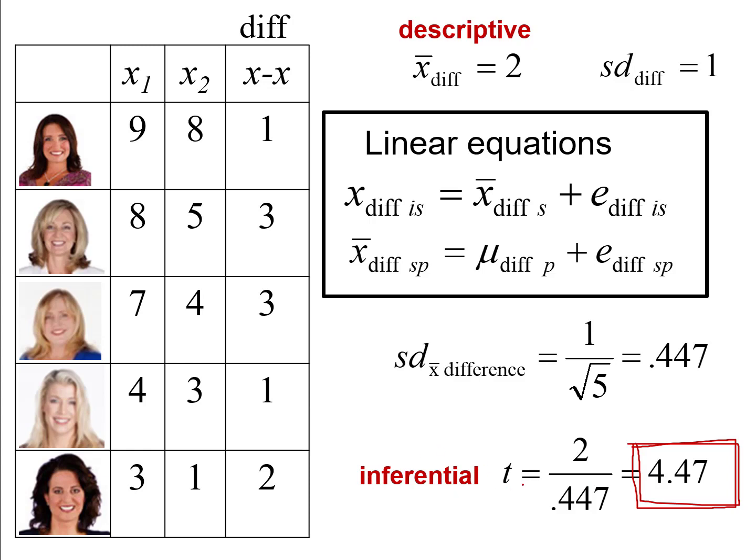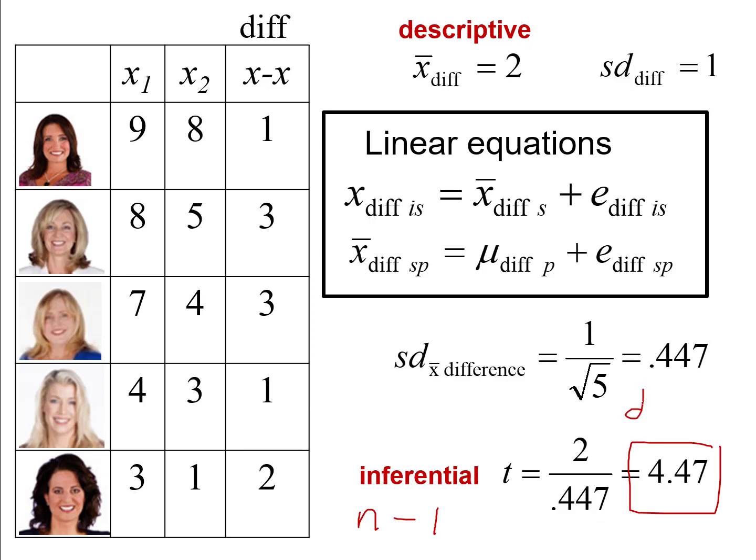In this example, if I looked up what's the probability of getting a t-value this extreme if the null hypothesis is true, I would need 2 things. I need to know my t-value, it's 4.47, and I would need to know the degrees of freedom. The degrees of freedom are going to be n minus 1. So if I have 5 cases here, my degrees of freedom are going to be equal to 4.